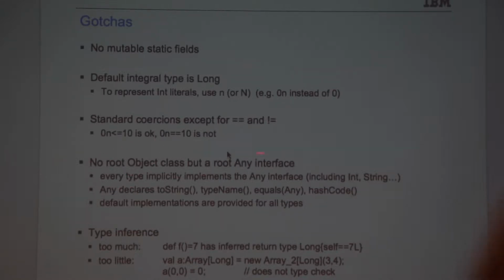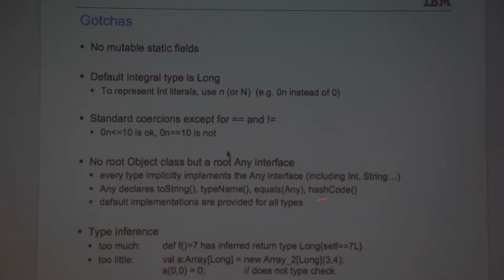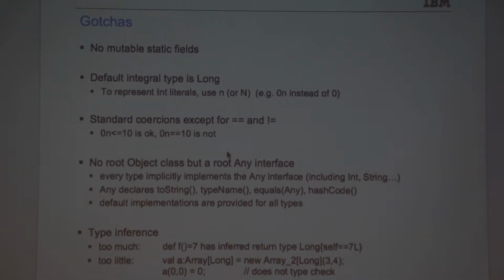So we got rid of that, but we do have the notion that structs can implement interfaces. And so there is a root interface called Any that everything implements, and Any has a few methods that therefore must be implemented by every struct and every class. And Any declares these sorts of methods: typeName, equals, hashCode, toString, and so on.